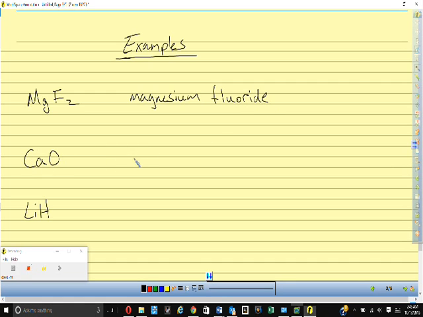CaO, your metal here is calcium. The non-metal is oxygen, so we would call this oxide. Okay? In this case, we have a metal and a non-metal again. The metal here is lithium. The non-metal is hydrogen, so we're going to refer to this as hydride.